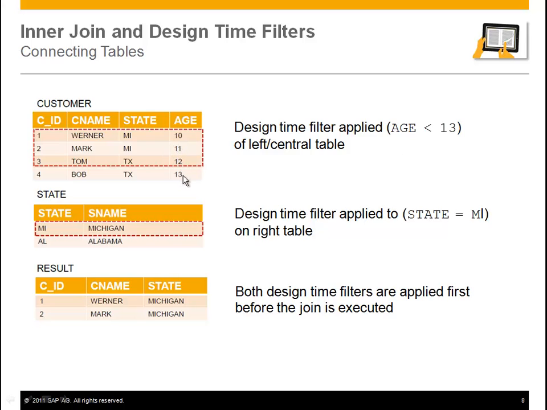So obviously it's going to show you all the ages which are less than 13. So we're only getting the 3 records, and for the state we've said state is equal to Michigan, therefore we only get 1 over here. So because the filters are applied before the join is executed, you're only going to see 2 records, just like this one over here.